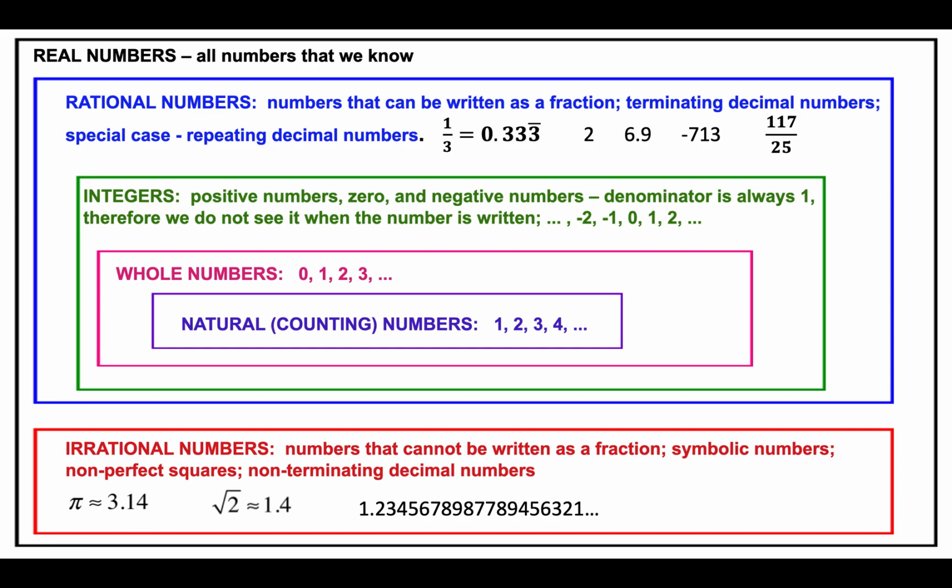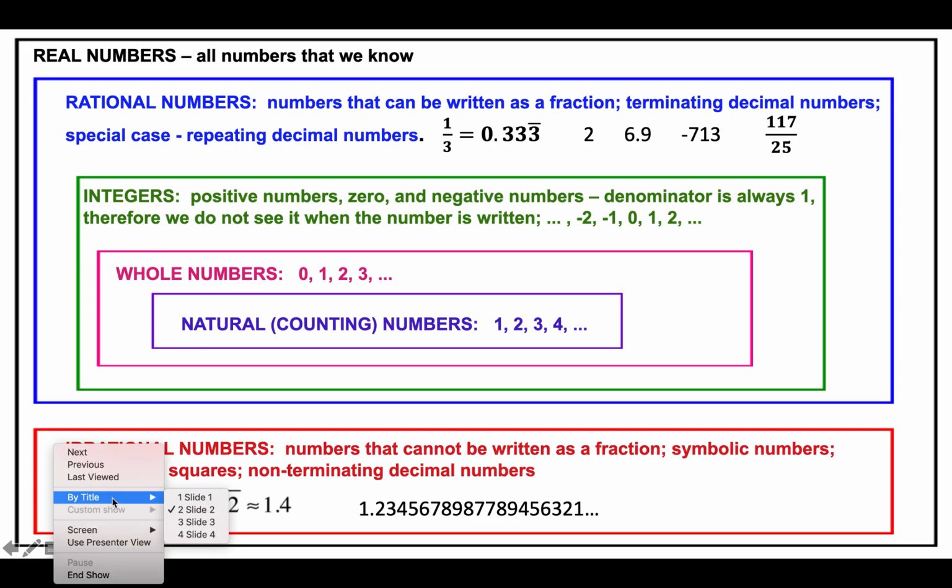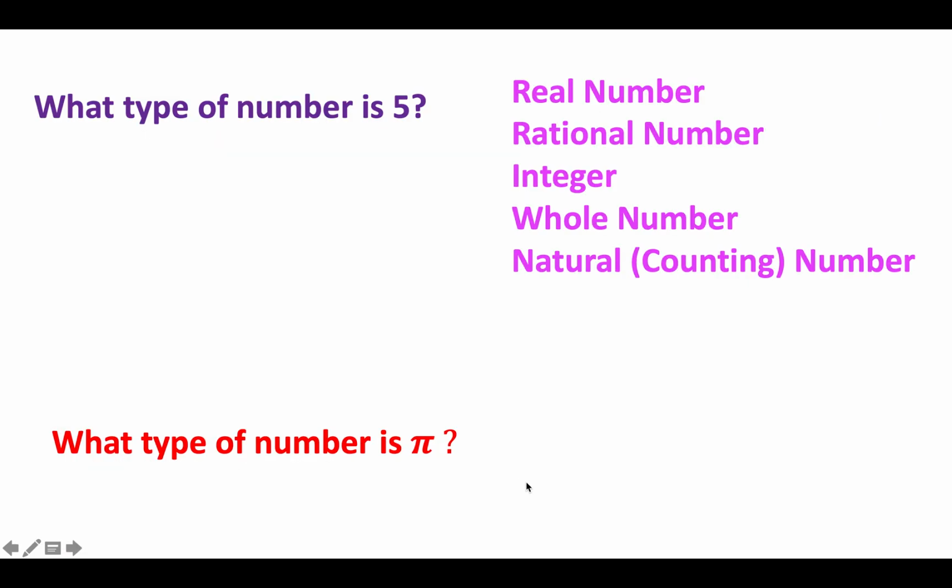And that's it. It can't be anything else. Once it's irrational, you cannot go into the integers, whole numbers, or natural numbers at all. So all we know about pi is that it is real and irrational. So those are the types of questions we're going to ask about specific numbers.